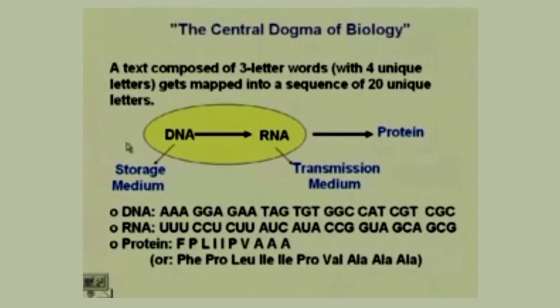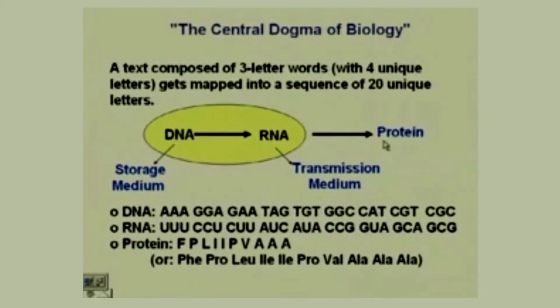We have a text that is comprised of DNA, which is the 4 bases of DNA that are the storage medium. This is then transcribed to RNA, which is the transmission medium, that also is comprised of 4 bases, one of them being a bit different. The RNA is then translated to the protein.